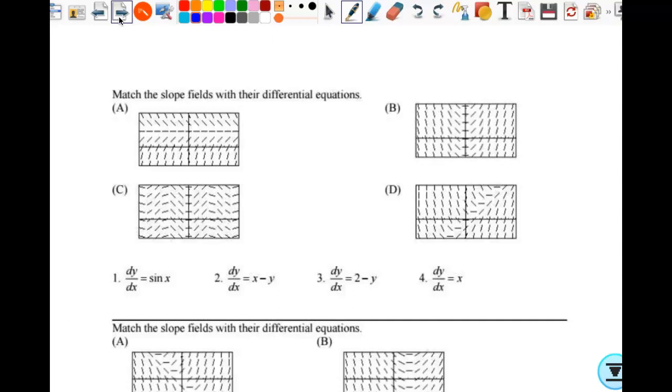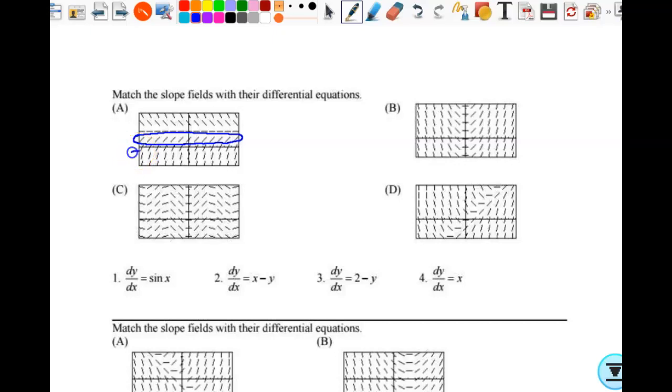Okay, so let me talk you through this first set, and then you can do the second set. Look at this slope field in part A. Ignore these equations down here. What do you notice? What I notice is I can choose any horizontal line, perhaps this is line y equals 1. All the slopes are the same.